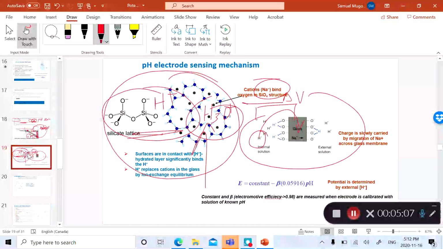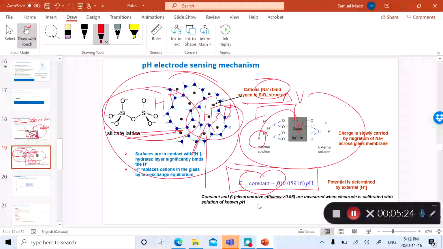Again, as you've seen with all potentiometric sensors, they are based on the Nernst equation, so the E of the cell is equal to these constants. And again, the constants, like I've said before, are related to the electrophoretic mobilities of the ions in solution as they get captured by the glass and so on. And of course, it's proportional to the hydronium ion, which is what you're looking for. And the 59.16, I've already said before, is a constant.